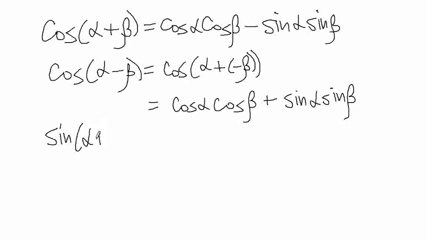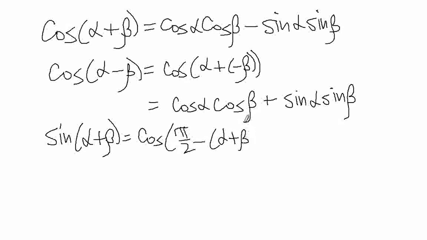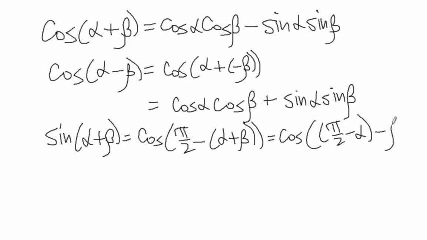So the sine of alpha plus beta is equal to the cosine of the complement of the angle with a measure of alpha plus beta. So cosine of pi over 2 minus alpha plus beta. Okay? And that's equal to, rearranging, we have the cosine of pi over 2 minus alpha minus beta.